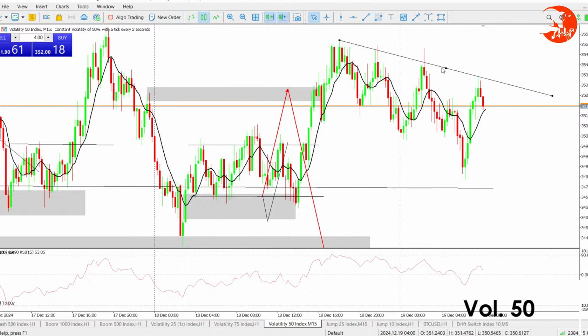This is what I may see according to V50. Let's first look at yesterday. I didn't make any entry yesterday, but I did on the other day, which was Tuesday. We had that trade, that sell. After reaching that, we consolidated right there and then a breakout.